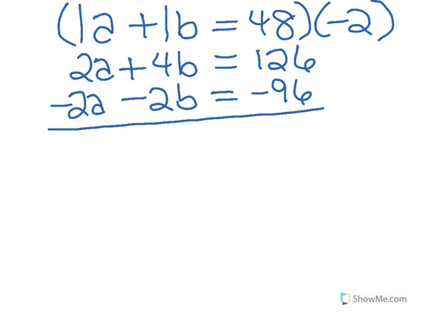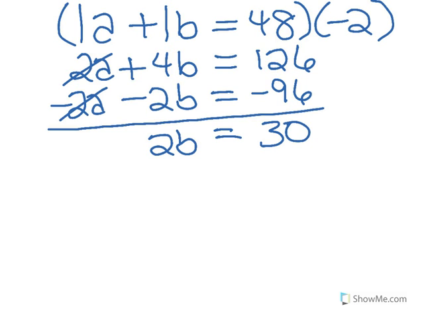So it's okay for me to add negative 2A minus 2B to the left side of the second equation, while I add negative 96 to the right side of the second equation. 2A plus negative 2A is gone. That is indeed what I wanted. 4B plus negative 2B is 2B. And then 126 plus negative 96 is 30.